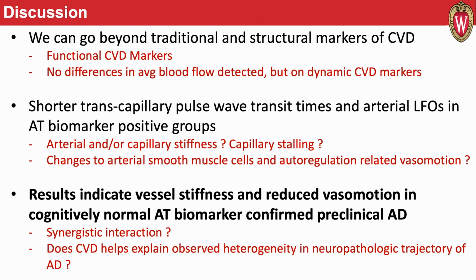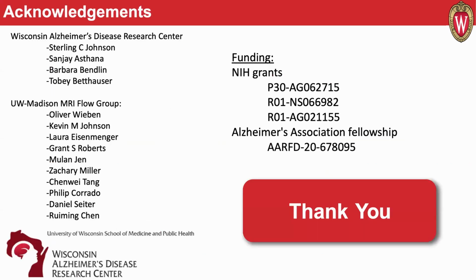These results suggest that perhaps there is a synergistic interaction between Alzheimer's disease and these vascular alterations, and they are happening during the preclinical stage of Alzheimer's disease. However, we still need longitudinal studies to elucidate the interaction pathways. And finally, these vascular alterations might help explain the observed heterogeneity that we see in the neuropathologic trajectory of Alzheimer's patients. And sorry for going a little bit over the time, but I'd like to thank you for your attention.